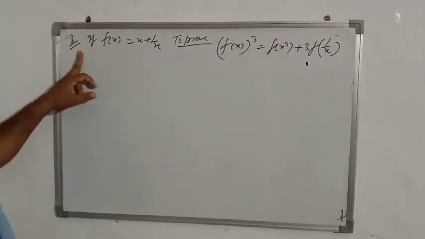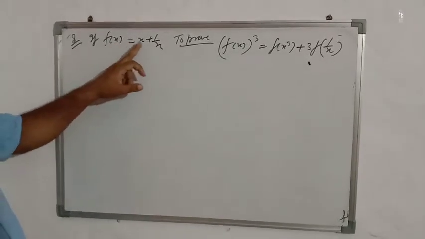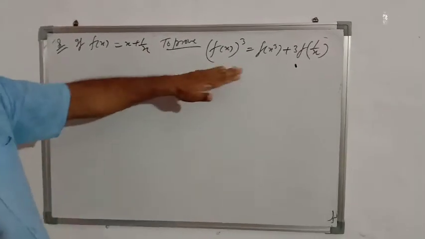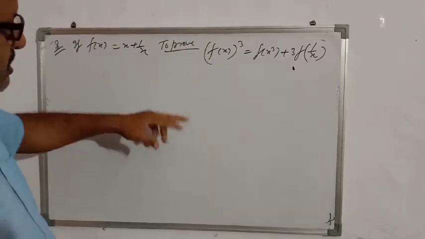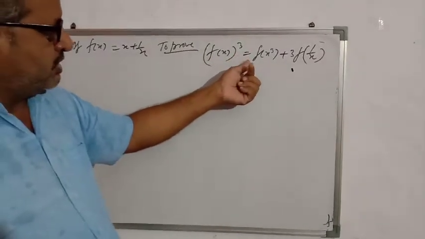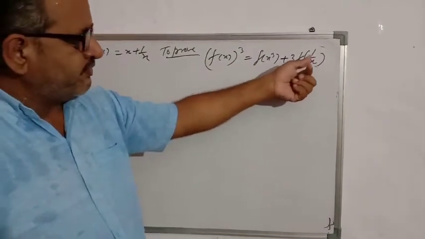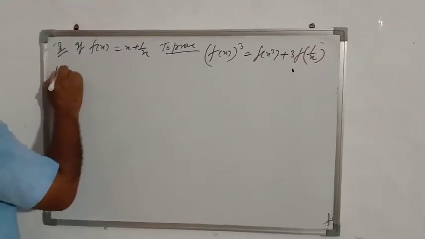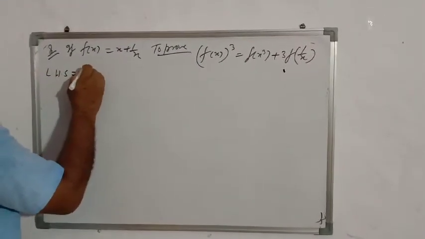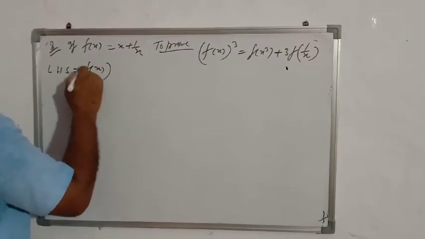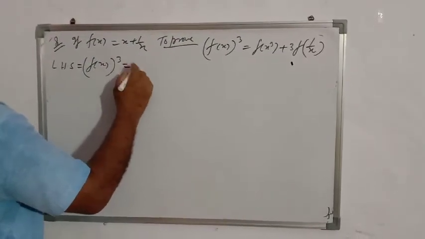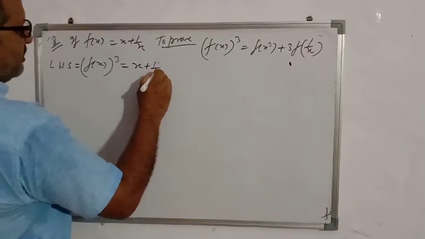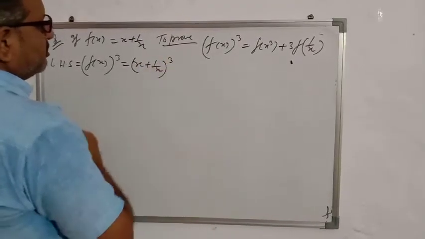See question number 8. If fx is equal to x plus 1 by x, we have to prove this result: fx whole cube is equal to f of x cube plus 3 f of 1 by x. So firstly take the LHS. The left hand side is fx whole cube. What is fx? x plus 1 by x whole cube.